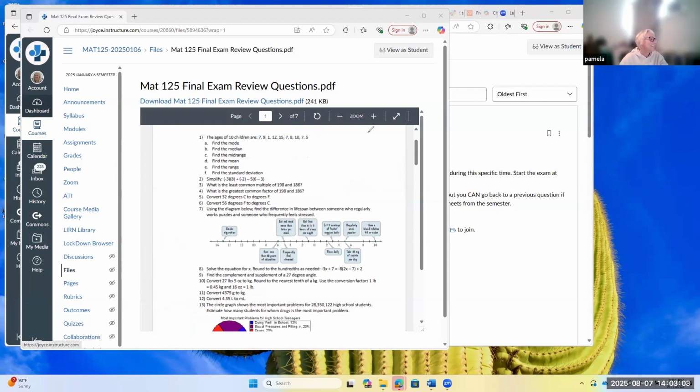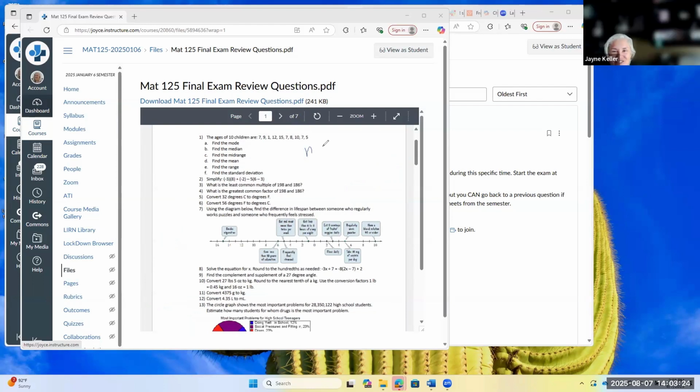Sorry, the answer key says the mid-range is 8. Oh, yes, that's my bad. I told you wrong. The mid-range, good catch, is we're actually going to add the smallest and the largest.